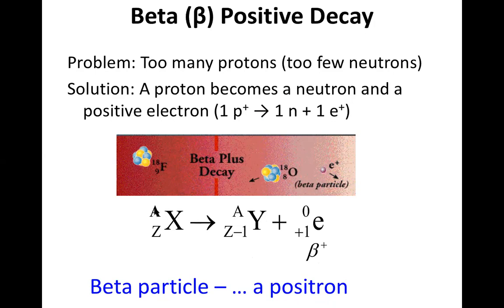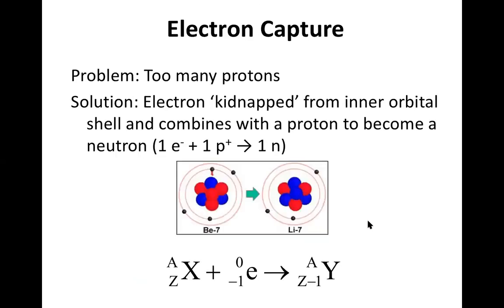Notice that the mass number stays the same, but the proton number decreases by 1. An example is fluorine-18 turns into oxygen-18 and a fast-moving positron. We don't have an example for that one, but you have some in your practice problems.